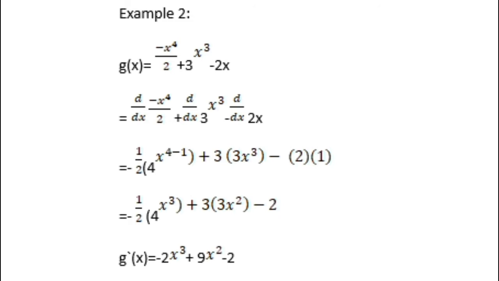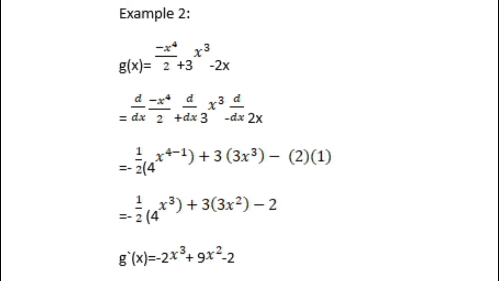And now we apply the power rule to x raised to the power of 4. So 4x raised to the power of 4 minus 1, plus the derivative of 3x cubed, which is 3 times 3x raised to the power of 3 minus 1. And the derivative of 2x is equal to 2 times 1.